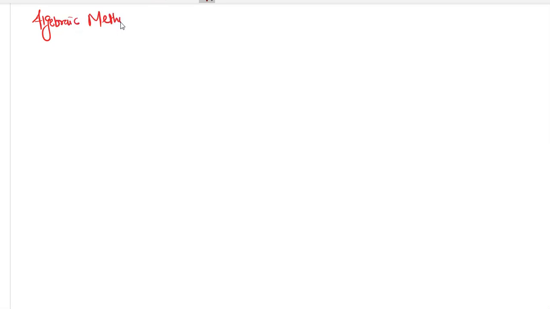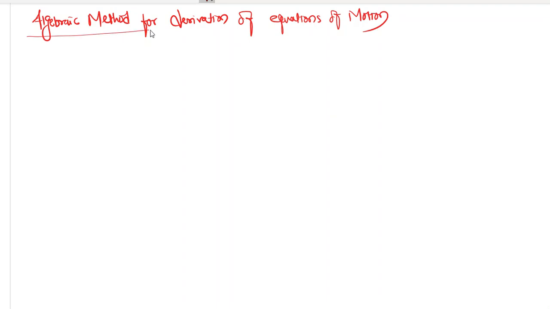Algebraic method for derivation of equations of motion.